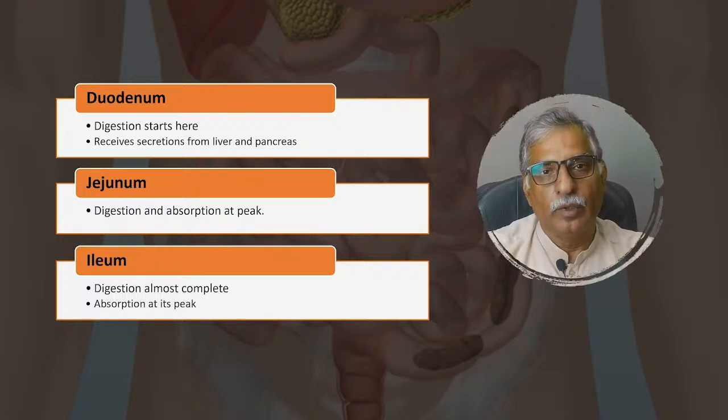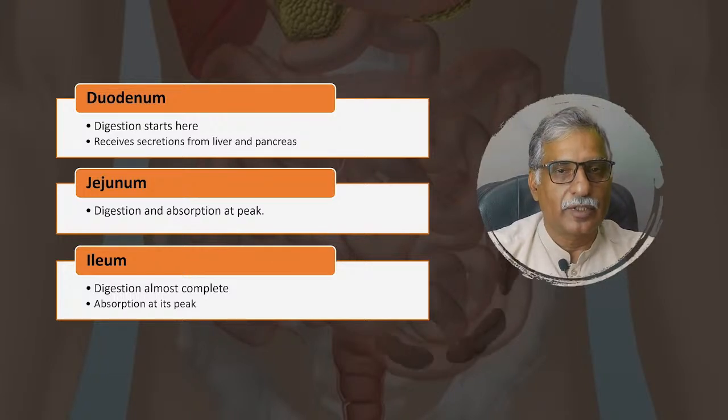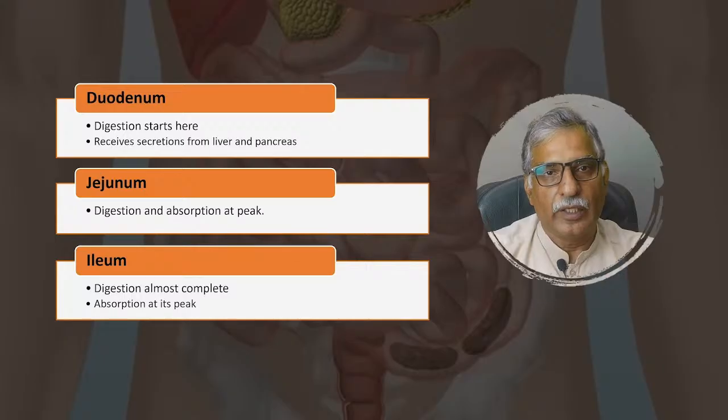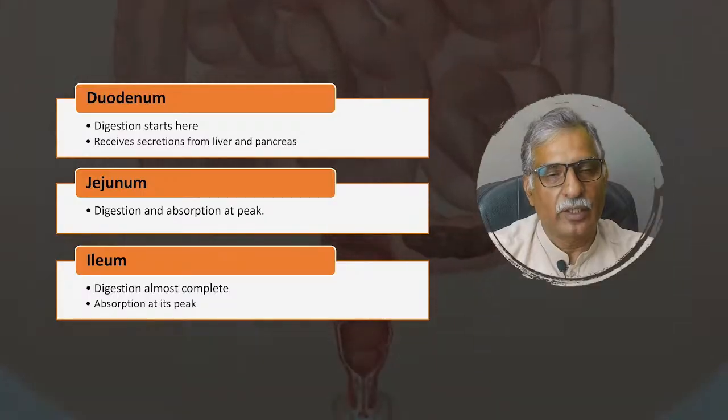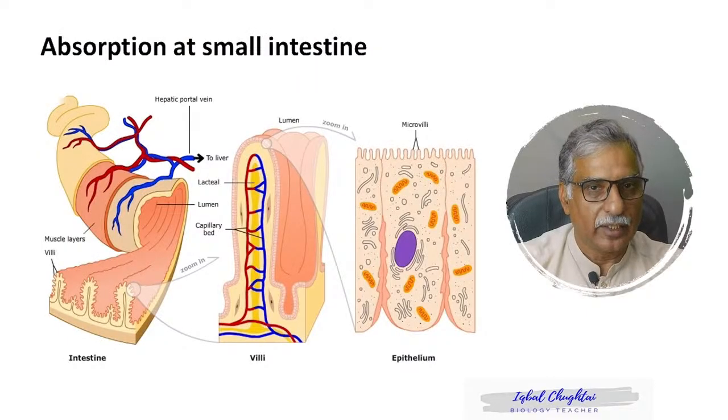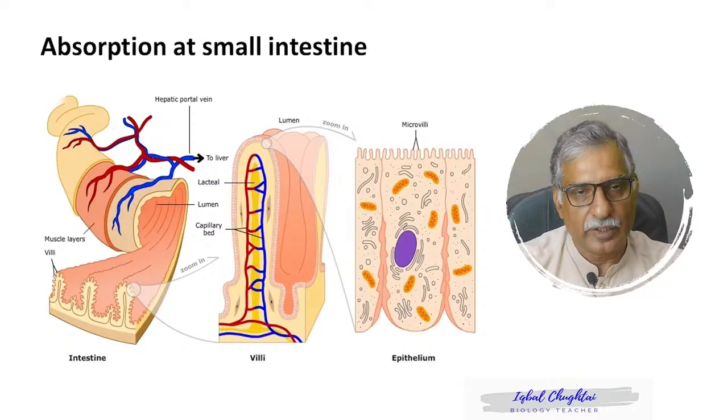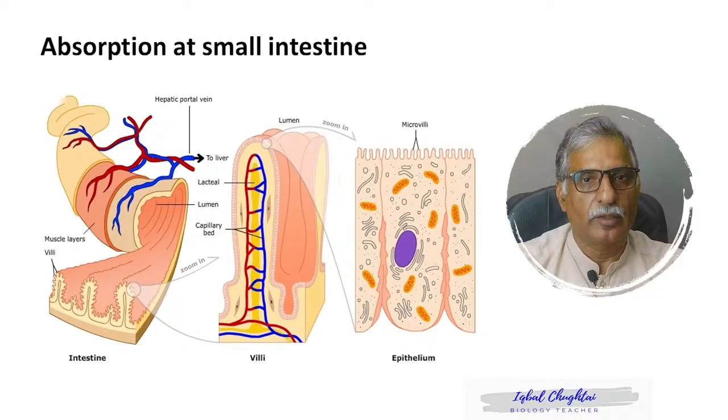In order to absorb these substances efficiently, inner wall of the small intestine is projected into finger-like outgrowths. These finger-like outgrowths are known as villi as plural, and a single projection is known as villus. These villi are collectively increasing the surface area of the inner wall of small intestine in order to increase the absorption.